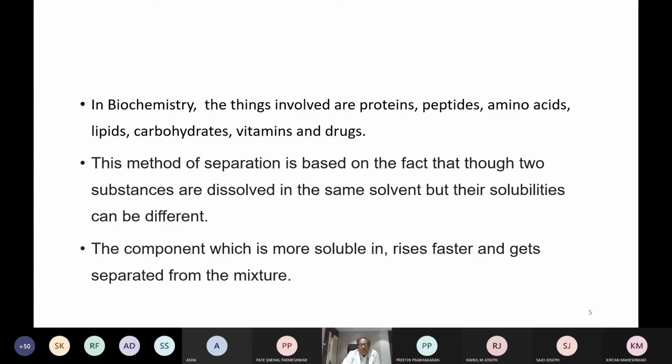The basic methodology is that though two substances are dissolved in the same solvent, the proportion of their solubility can be different. The component which is more soluble rises faster and gets separated from the mixture.